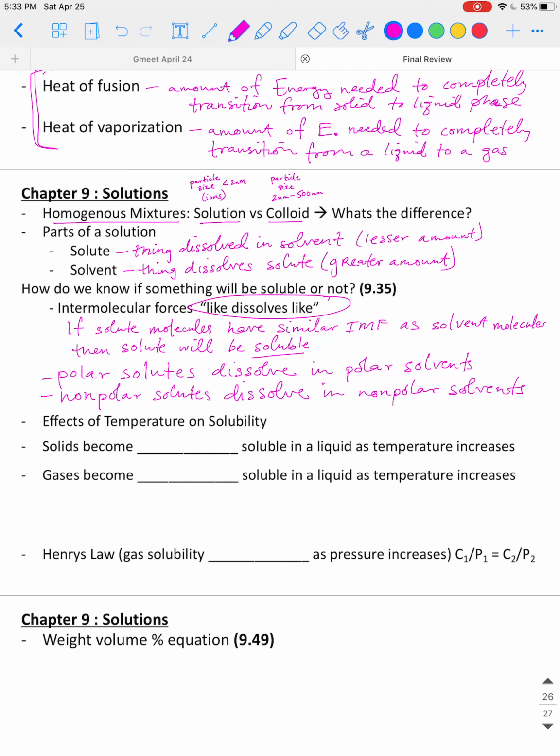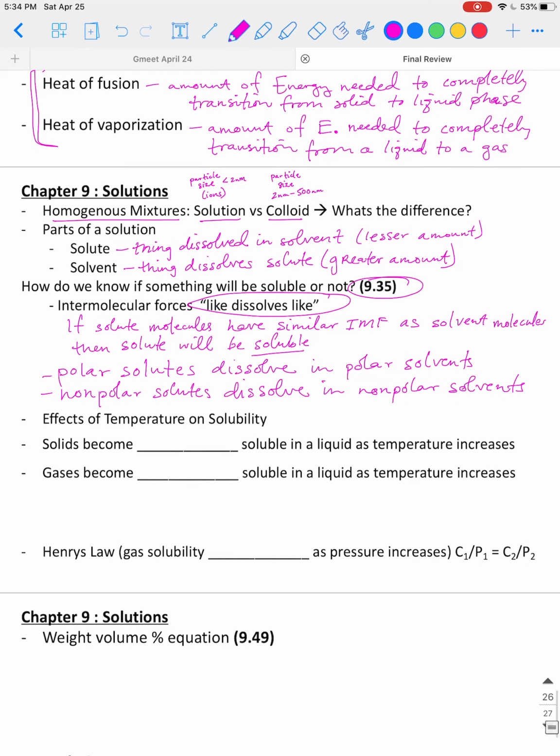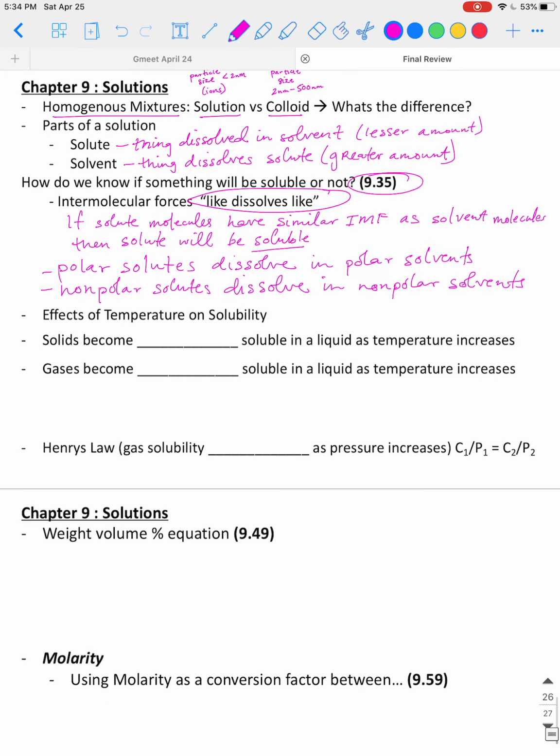But nonpolar solutes do not dissolve in polar solvents, okay? So that's where this phrase, like dissolves like. If they're both polar, the solute, solvent, they will be soluble. If they're both nonpolar, they will be soluble. So it's critical that you have a good understanding of how to judge polarity of a molecule, and then the kind of intermolecular forces between molecules. Okay.